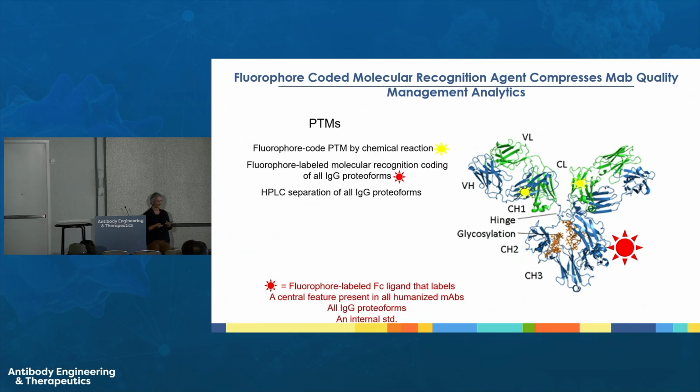And if you code the post-translation modifications by a chemical reaction, which is a little slower than the molecular recognition assays, you can quantify the percentage of IgG molecules that have a given PTM, post-translation modification.